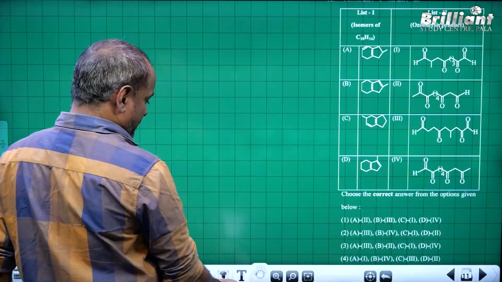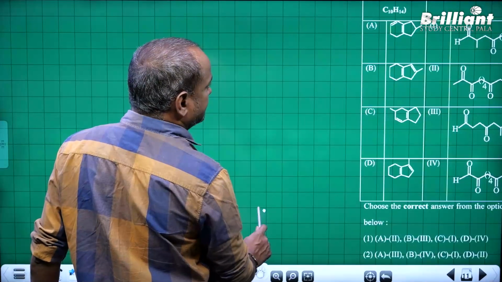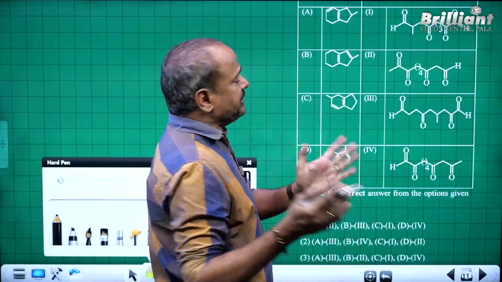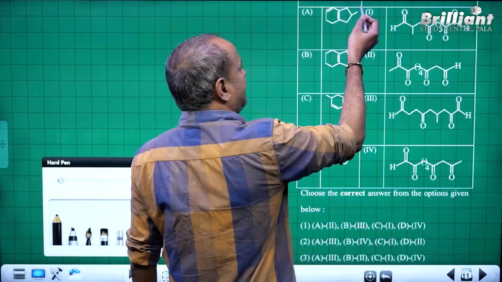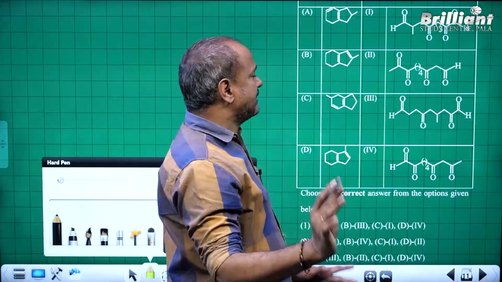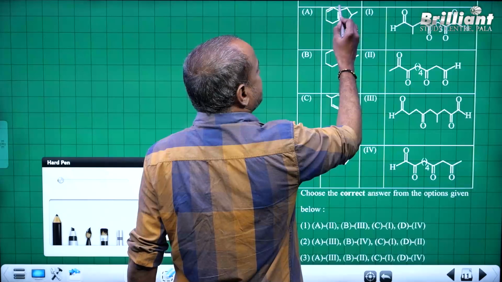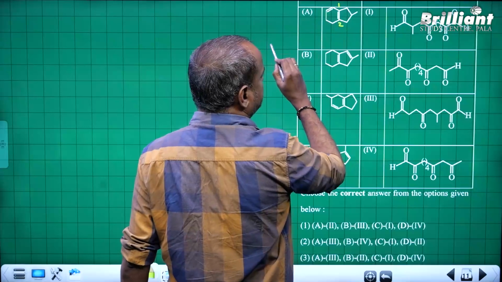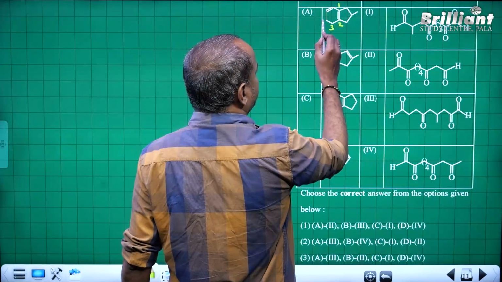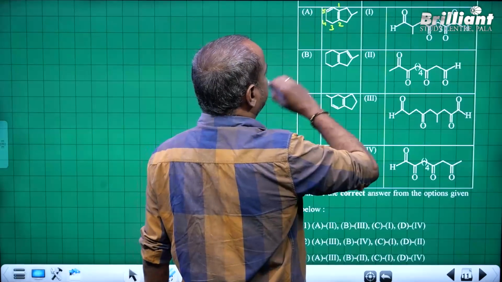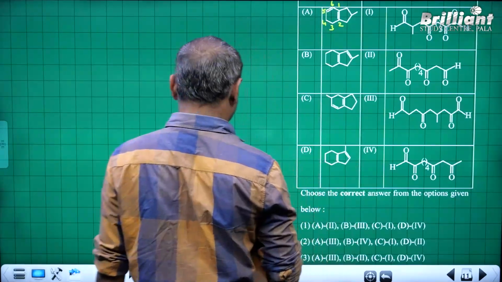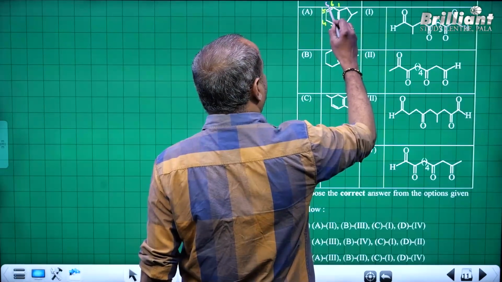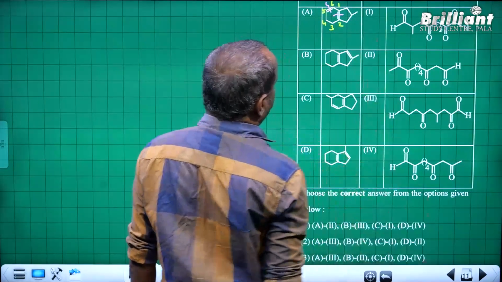Next, ozonolysis products of the following compounds. Just break the double bond, and first take numbering to make it easy to find the compound. I will take this numbering for our convenience, not IUPAC numbering: 1, 2, 3, 4, 5, 6. So break this bond 5, 6 and also 1, 2.